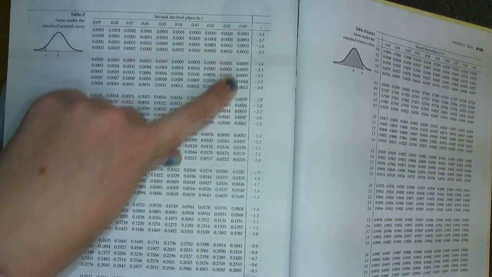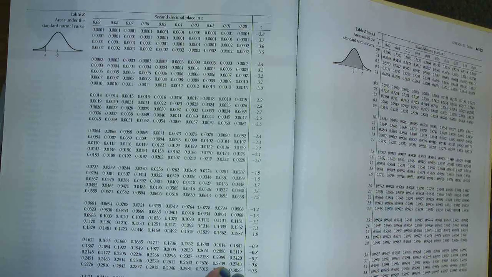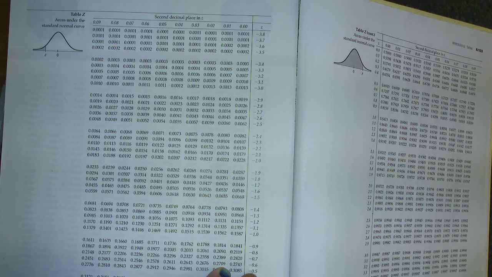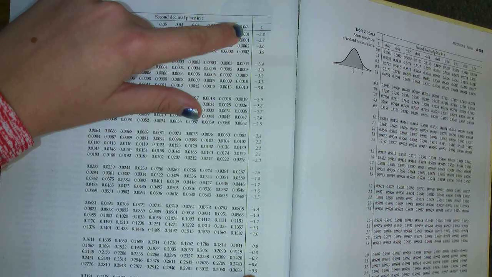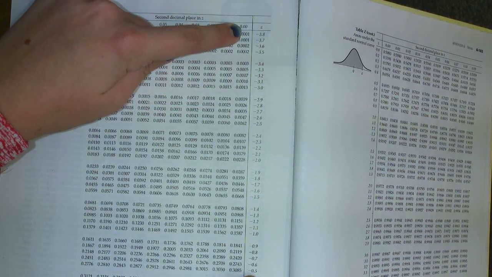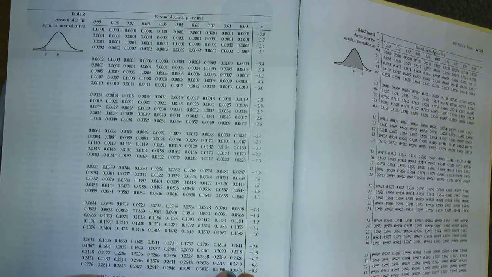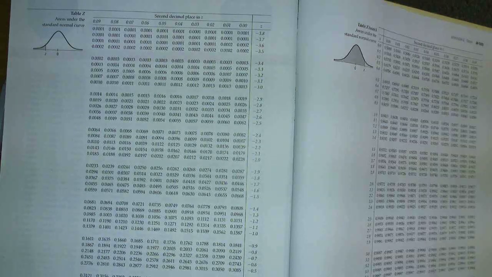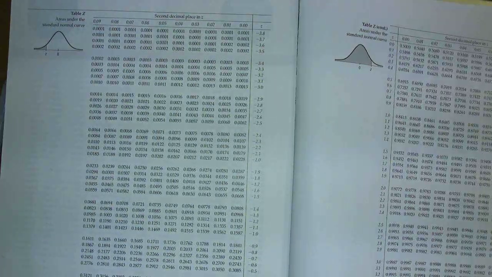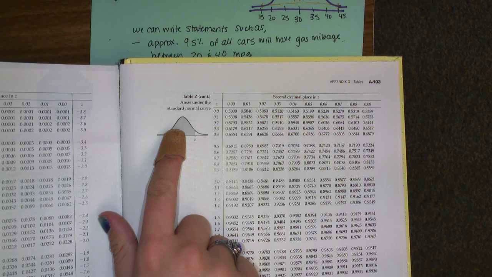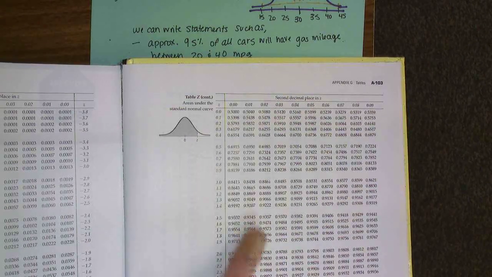We come all the way down, so 0.3085 is the answer. Where they intersect, it's that number. This one is for the negative values, on the left-hand side here. Over here are the positive values, and it works the same way.